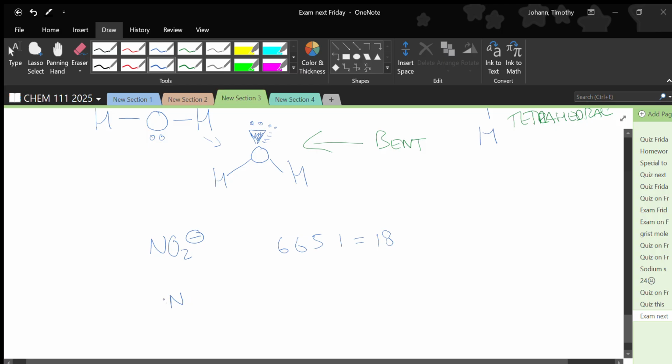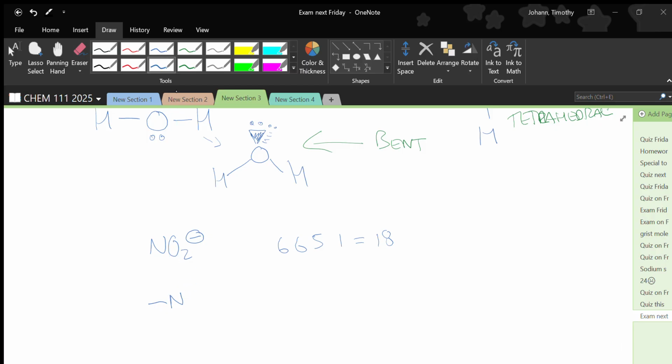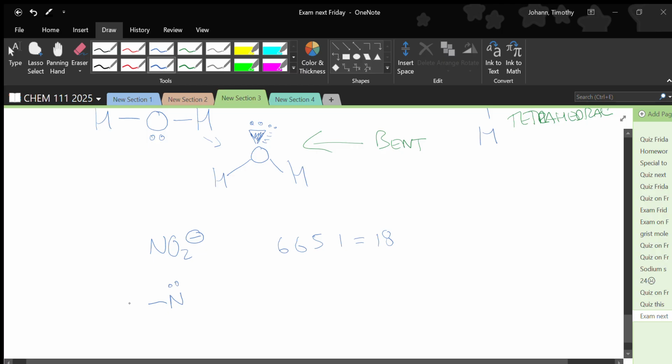So what I'm hoping I can end up with is something like this for my example. Formal charge 0, formal charge 0, and then, did I use 18? 2, 4, 6, 8, 10, 12, 14, 16, 18.